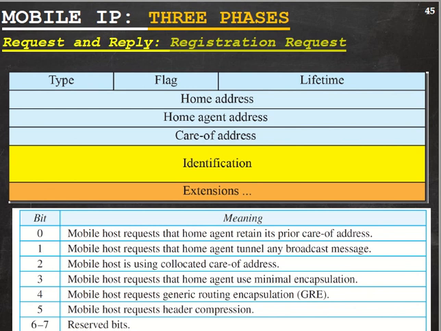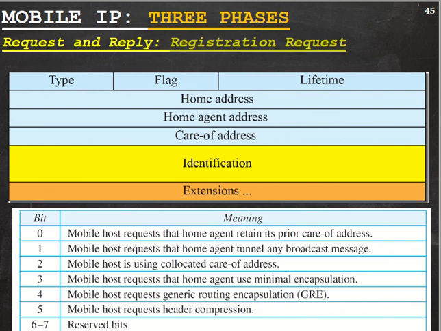In this we have type, flag, lifetime, home address, home agent address, care of address, identification, and extension. These are all the different fields available in the registration request format.